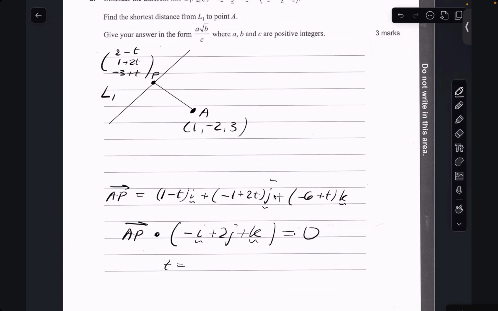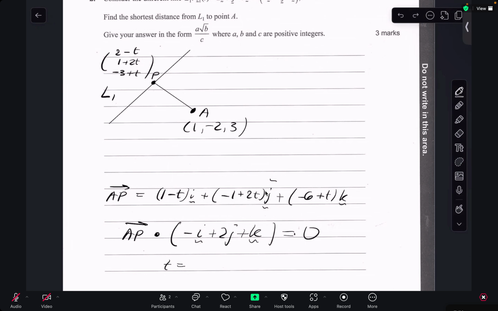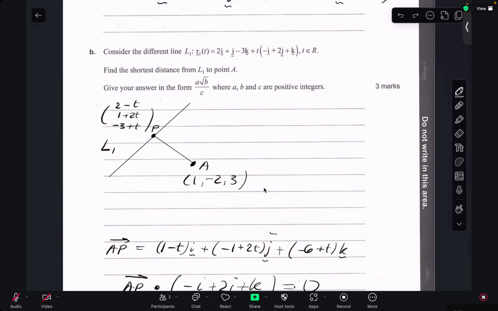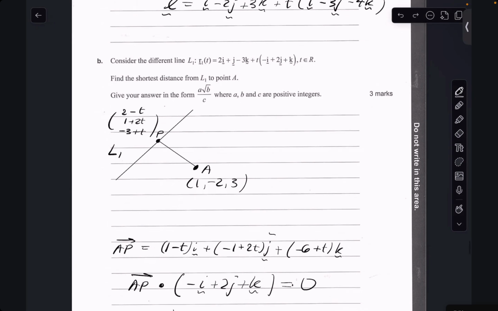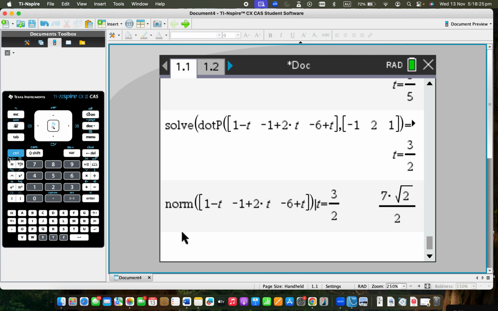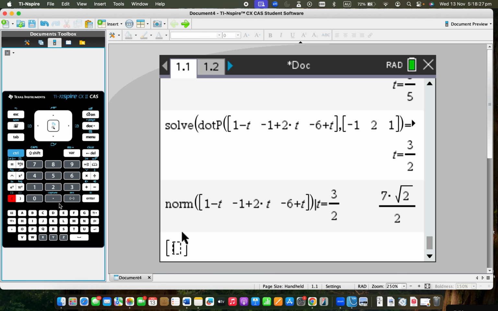I don't think that's right because B and C are different. Let me just make sure I've done that right. So 2 minus t, and then 1 plus 2t, and then negative 3 plus t, minus 1, comma, negative 2, comma, 3.